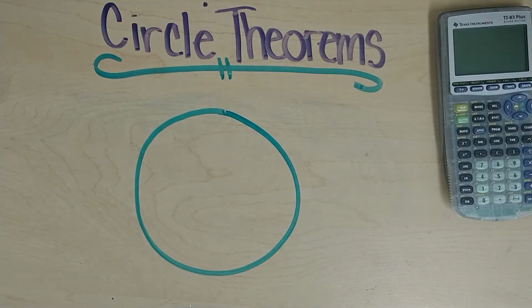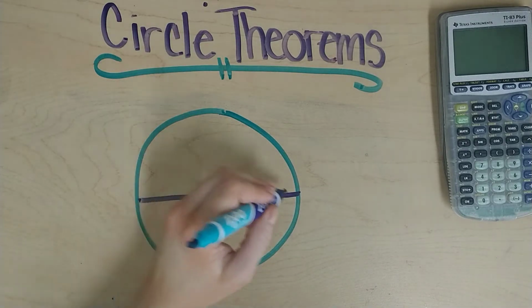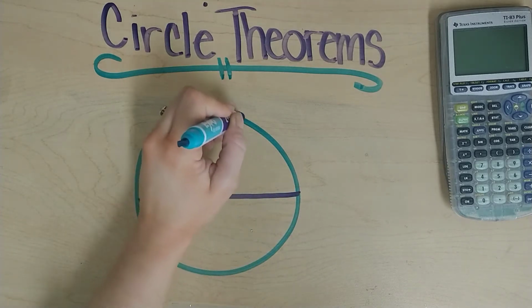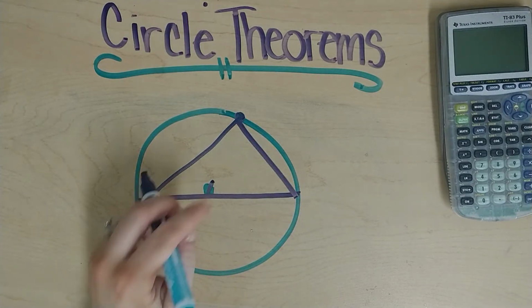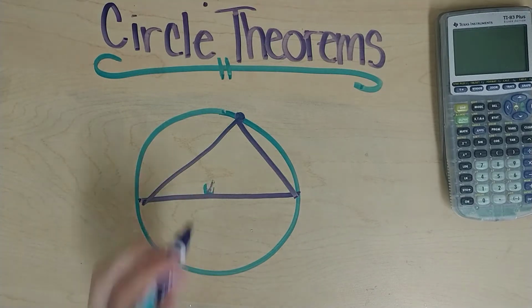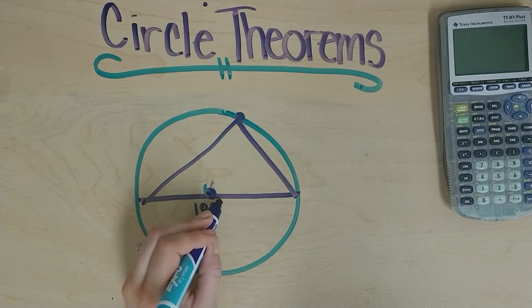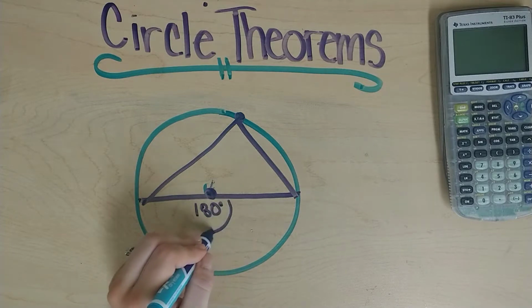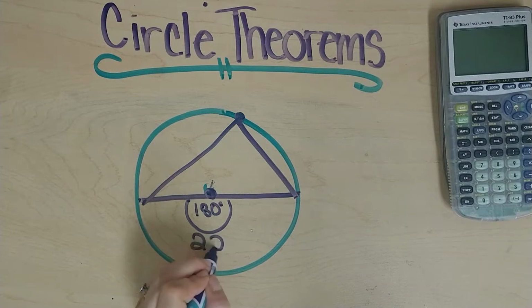One last example of this theorem is if I have a center point and I draw a cross and I make myself a triangle, I know that straight lines are always 180 degrees, correct? But what I also know is that this angle is also twice theta.